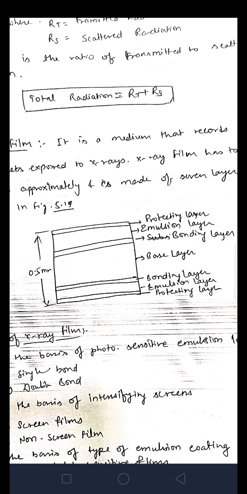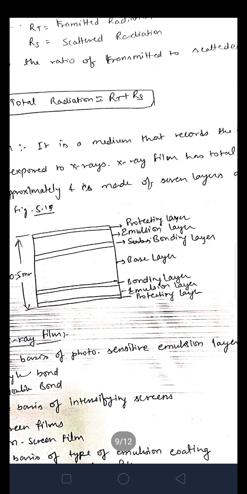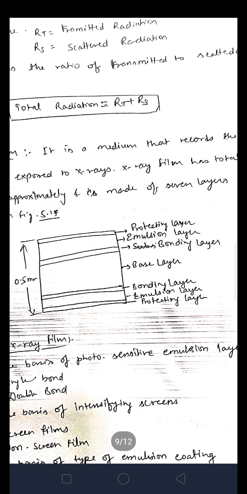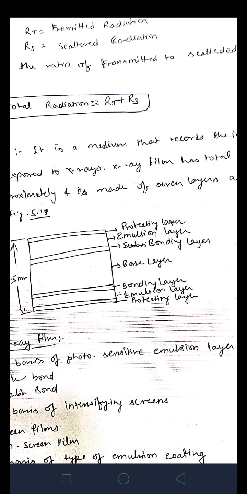The first layer on the top is the protecting layer, and just below the protecting layer is the emulsion layer, then the bonding layer, then the base layer, and then the bonding layer, the emulsion layer, and the protecting layer.